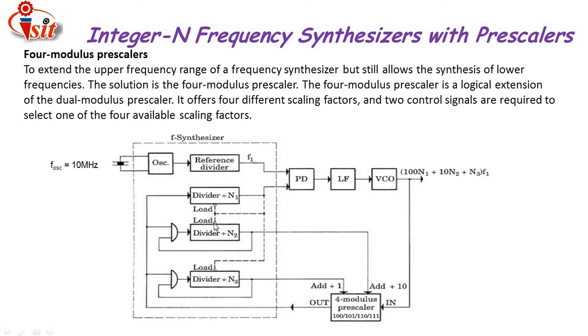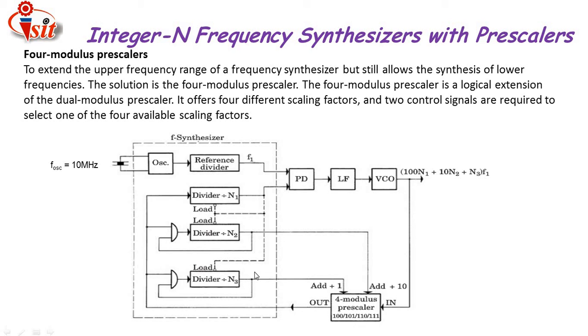Just see, divider 1 divided by n1, divided by n2, and divided by n3, along with that 4 modulus prescaler, and the reference divider. Here we are applying an oscillating frequency of 10 megahertz as the input to the oscillator. This is the frequency synthesizer.